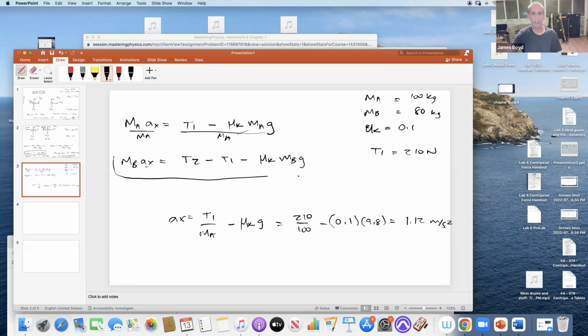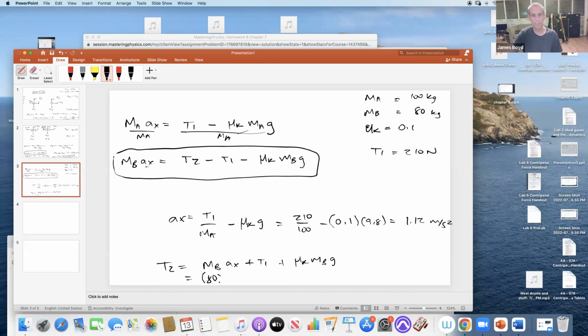Now, in order to find T2, I need to use this one. T2 is M B A X plus T1, add it to both sides, plus mu K M B G, which is 80 times 1.12 plus 210 plus 0.1 times 80 times 9.8.